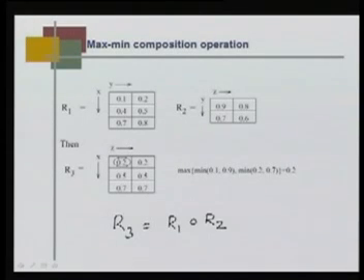And using max-min composition, how do we compute R3? It is very simple. I want to build a relationship between X and Z, so let me put it precisely: x1, x2, x3, z1 and z2.